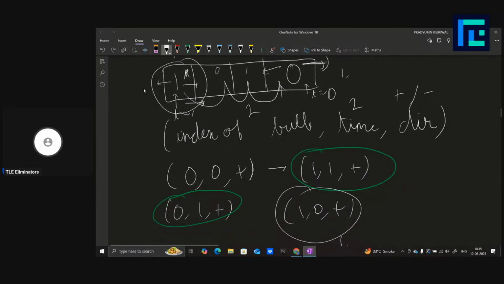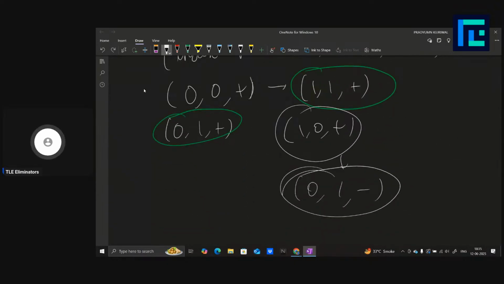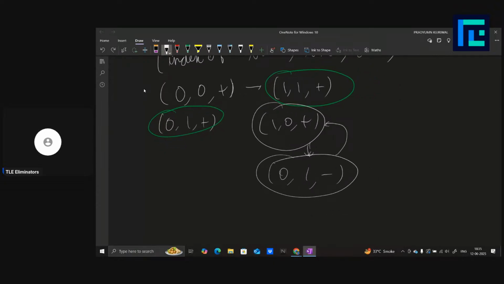So basically the state 1 0 plus. So from this 0 1 minus, I have again gone to this 1 0 plus. So you can see we have a cycle here. So definitely the answer is no, but we don't know about that yet. This is our graph. So these 5 states, and there are 3 more states which you can figure out.